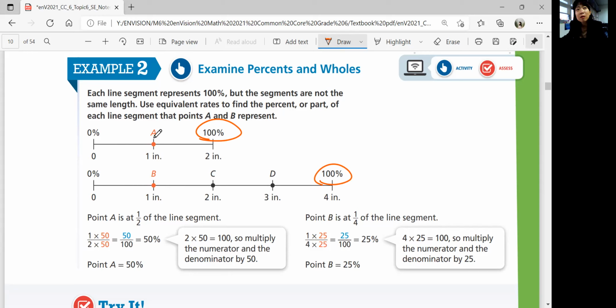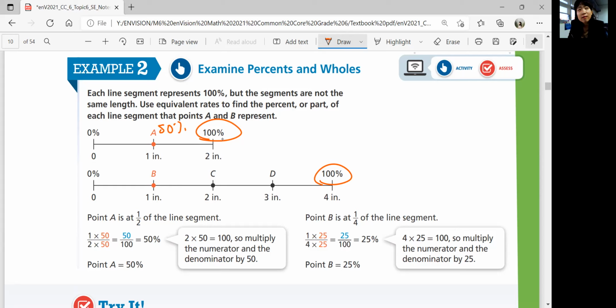So A is how much percent out of 100? 1 is half of 2, which means that's just half of 100. What's half of 100? 50%. But look at B. So 4 inches is your 100% now.